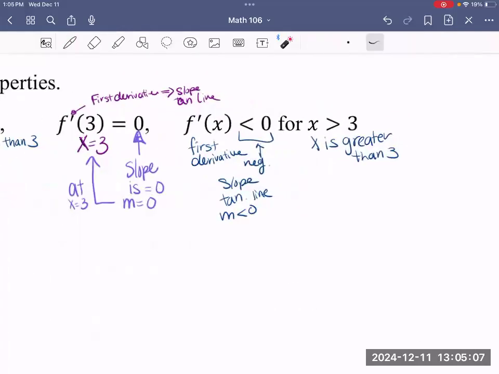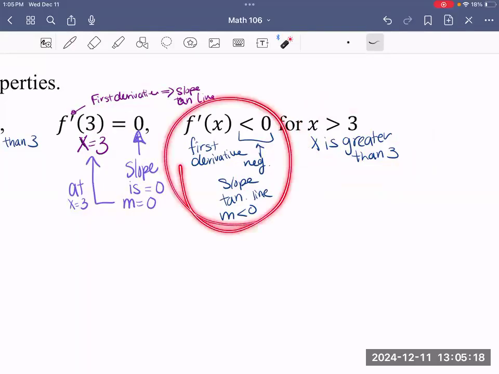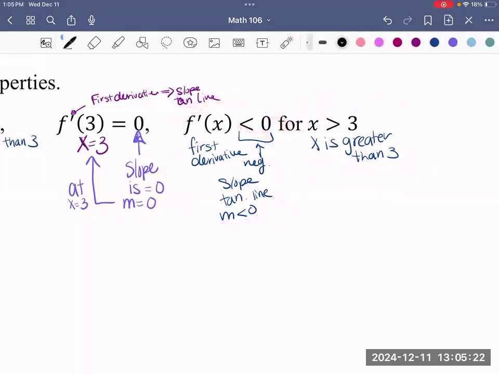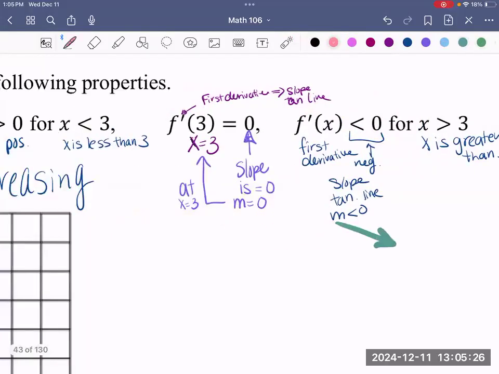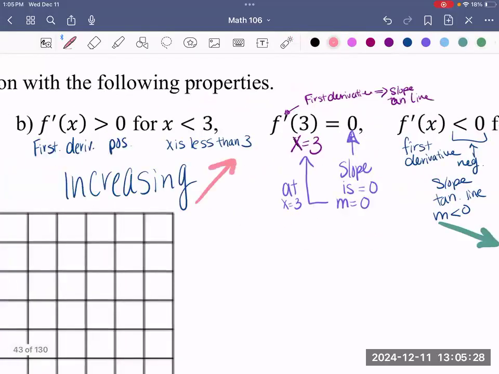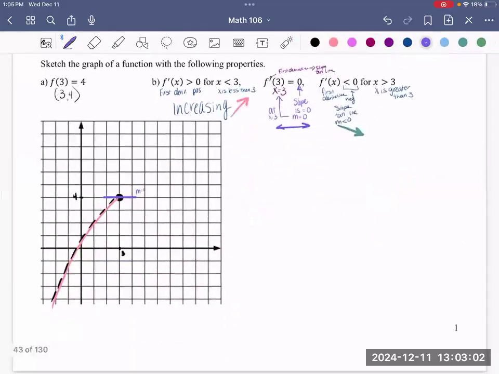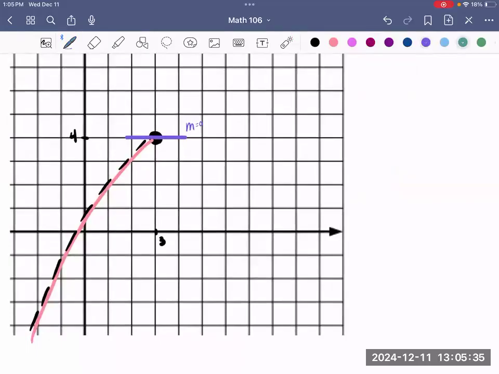And then when x is greater than 3, so what numbers are greater than 3? 4, 5, 6, 7, 8, 9, 10. So on the right-hand side, our first derivative, your slope, is now less than 0. It's a negative slope. So we're going to be trending down. So we're going to go down versus on the other side, we went up, versus in the middle. So now we're going to be trending downwards.